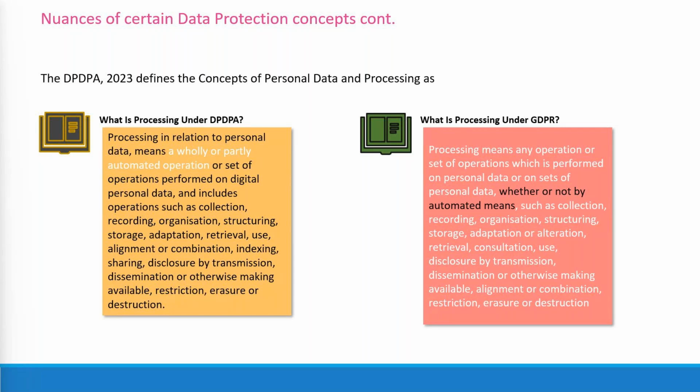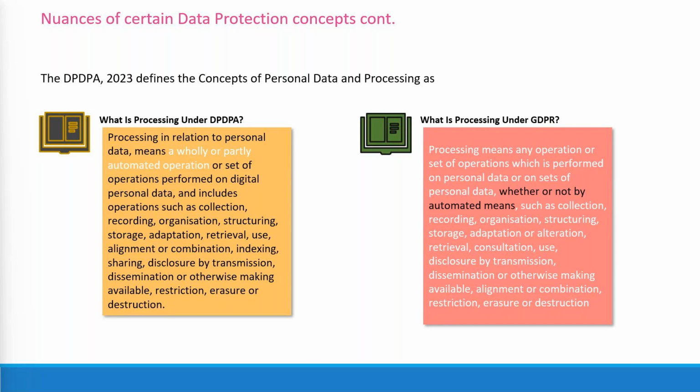Why I'm insisting on this is that processing is a very broad terminology. We have to be mindful of what amounts to processing and what does not, because that is where the material scope of GDPR comes into the picture.